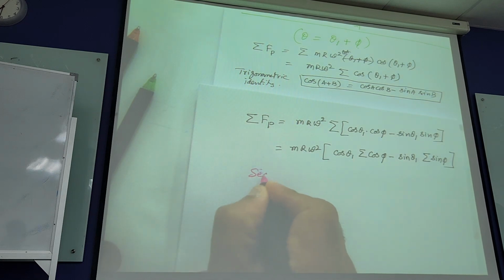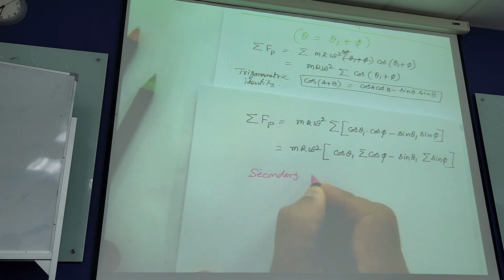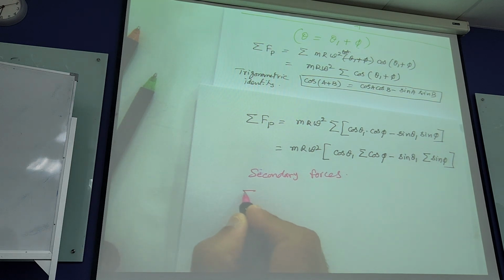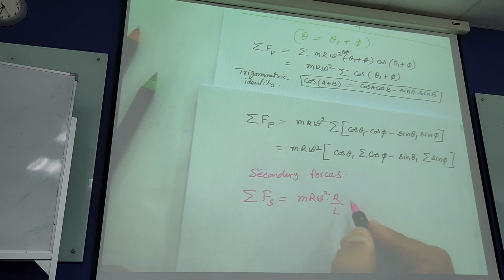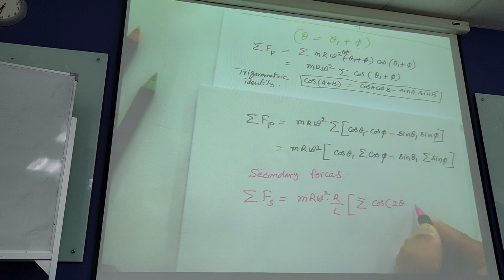Now for the secondary forces, we can write the sum of the secondary forces Fs equal to m r omega square times r over L, sigma cosine of 2 theta 1 plus phi.